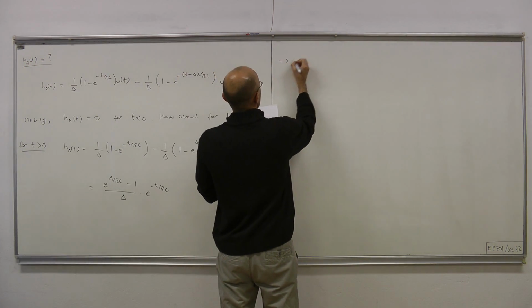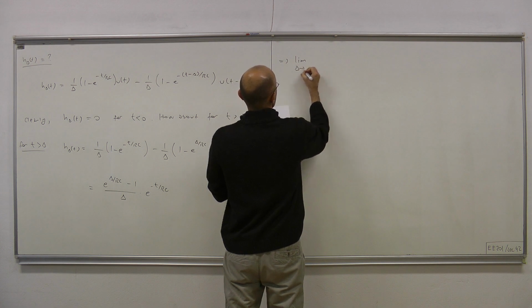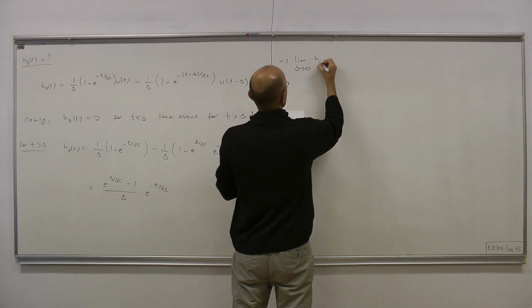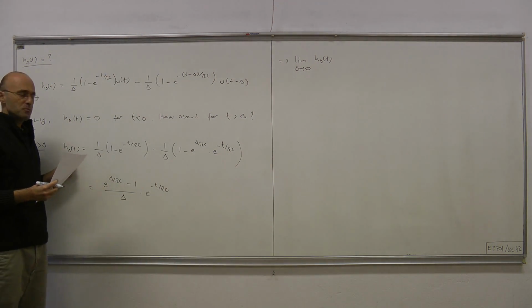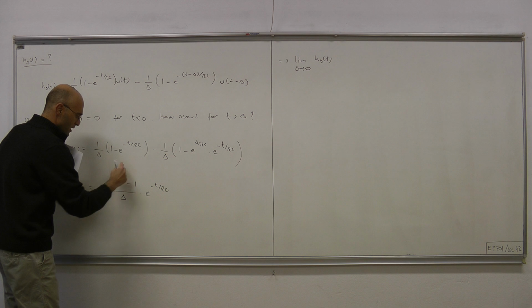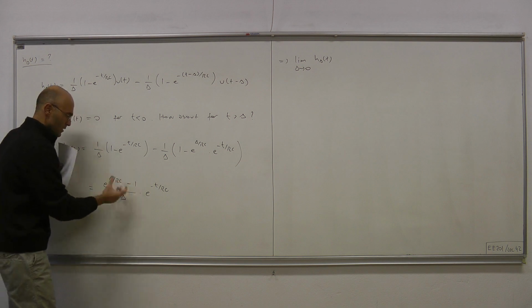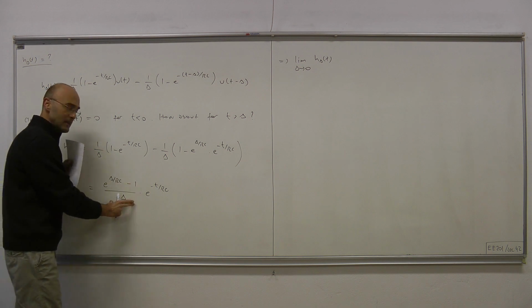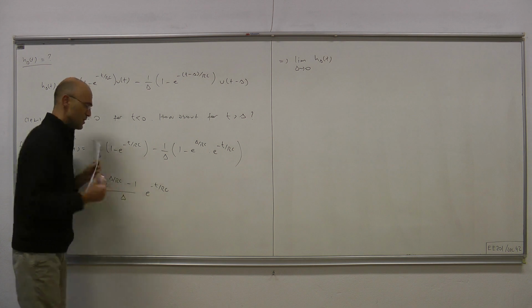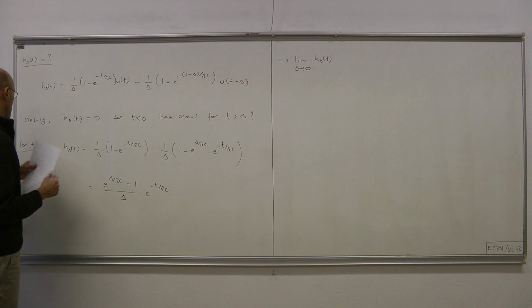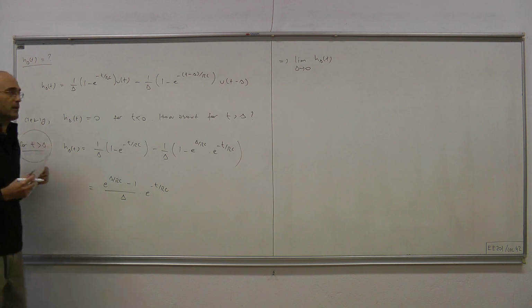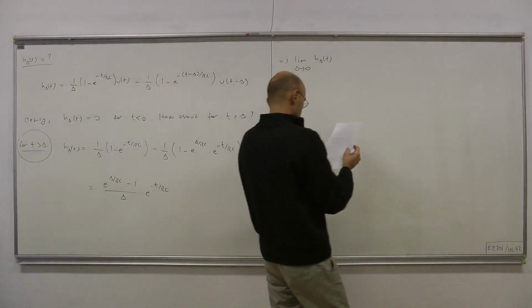Now, in the limit as delta goes to 0, h delta of t, the pulse response, becomes something, provided that this thing has a limit, times this function e to the minus t over RC, for t greater than delta.